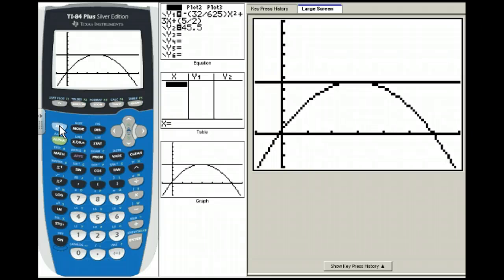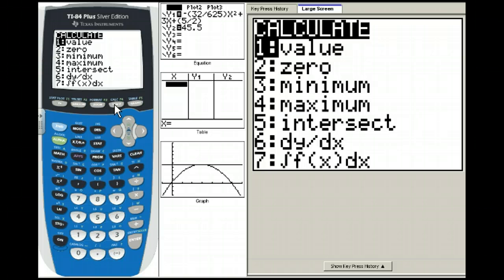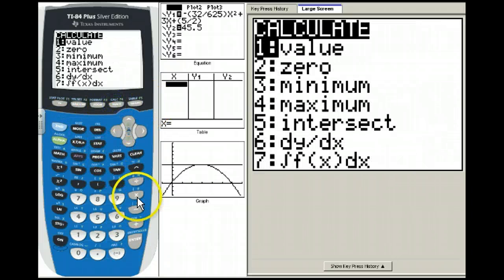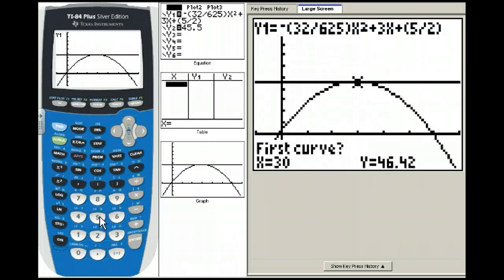Right now, I'm just going to go to second, calc. And option number 5 is to find where two curves intersect. So let's go back to second, calc, 5.